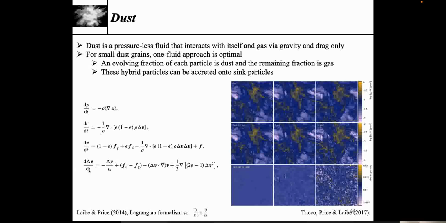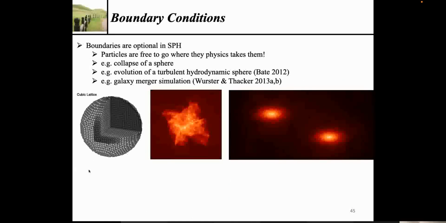Now, the last thing I want to touch upon is boundary conditions. When you were looking at that grid back in the very beginning, we saw that you have a very well-defined boundary, and you have to make a lot of annoying or complex decisions as to what to do at those boundaries.